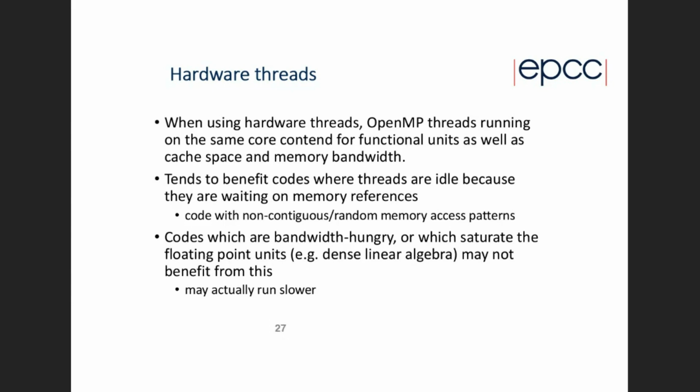So codes with unstructured memory access patterns, codes which are essentially sensitive to memory latency rather than memory bandwidth. Then you can see some benefit from running multiple threads on the same core, because while one of those threads is stalled waiting for a memory reference, the other thread can carry on usefully executing instructions.